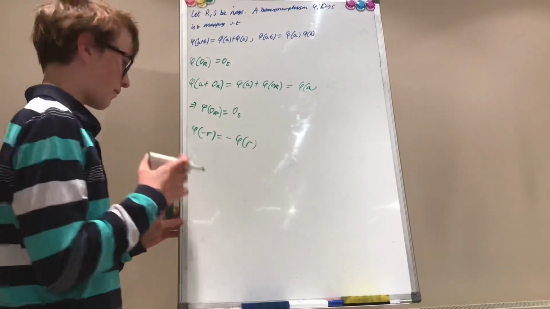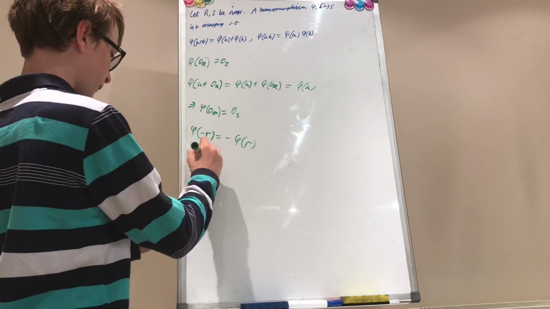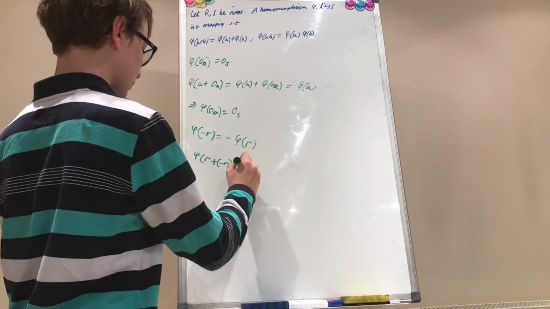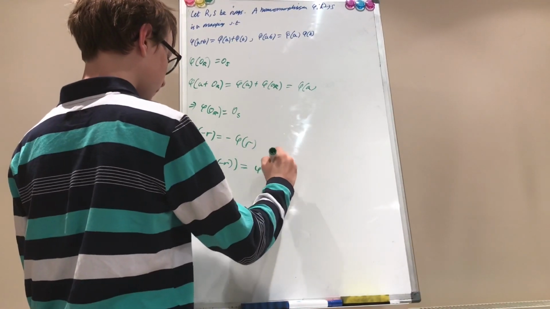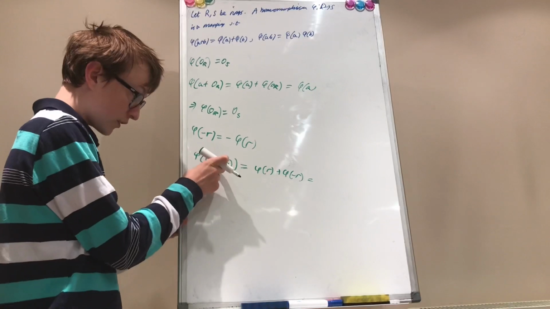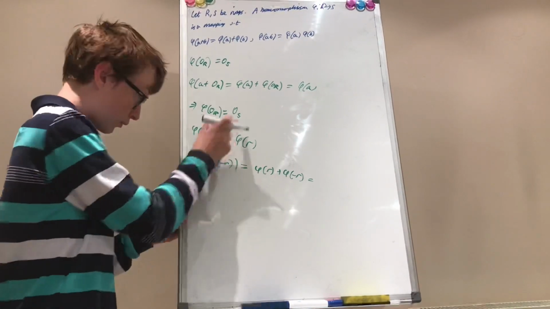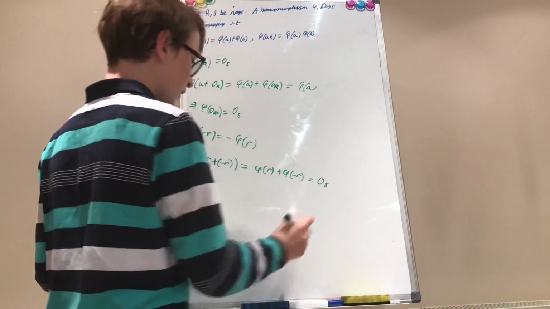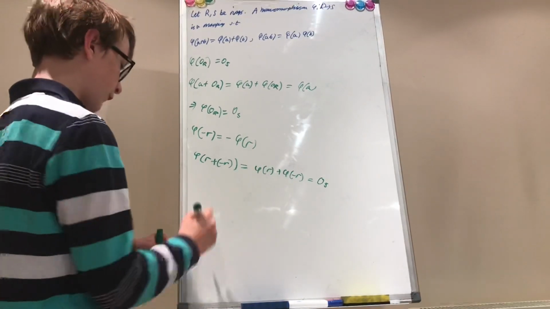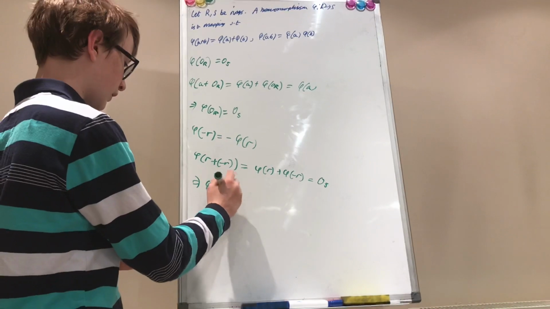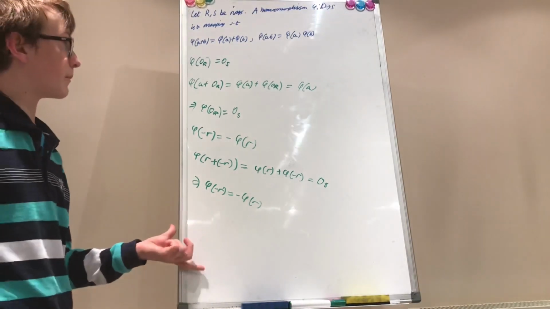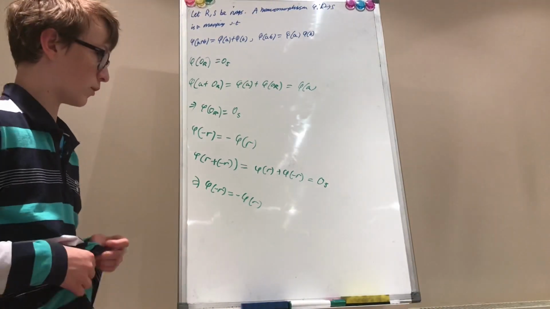Well, we have that phi of R plus negative R is equal to phi of R plus phi of negative R, which is equal to, remember, phi of the identity in R, which is equal to the identity in S. So it follows that phi of negative R is the additive inverse of phi of R, so it follows that phi of negative R is equal to negative phi of R. And these are some elementary properties of homomorphisms.